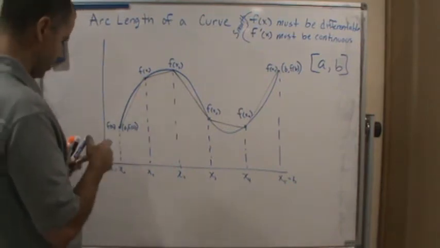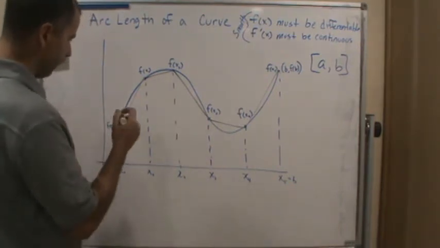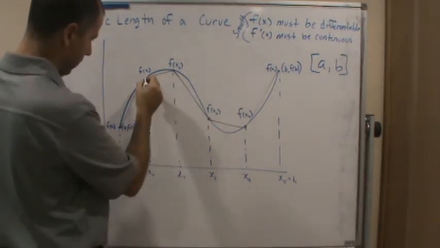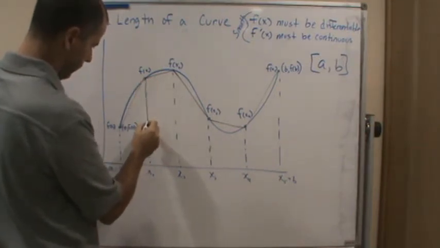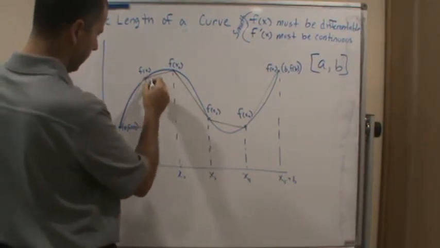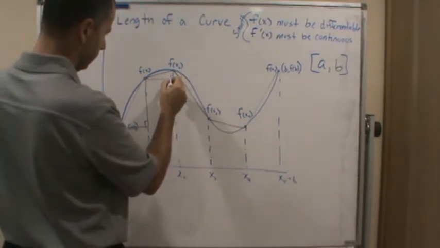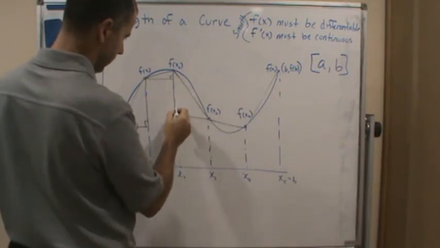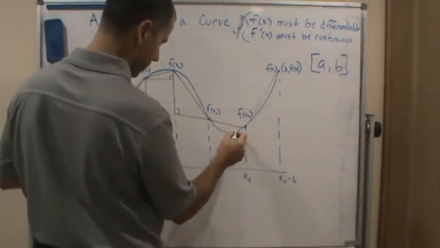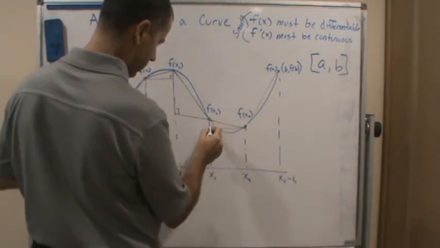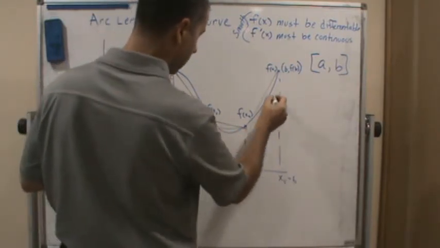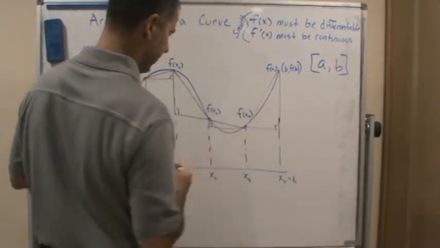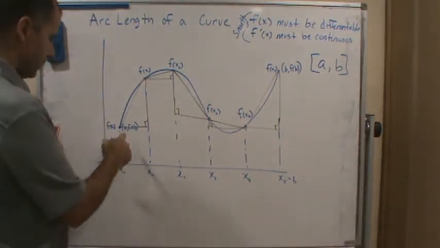We are going to find the vertical distance and the horizontal distance of these triangles here, and then do the same thing here, and here, and here.